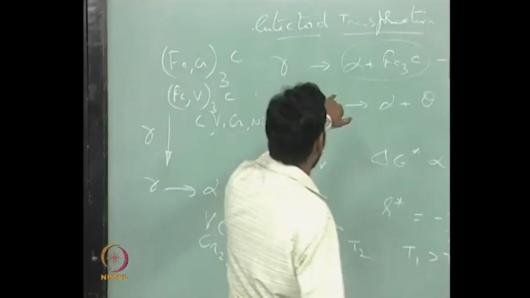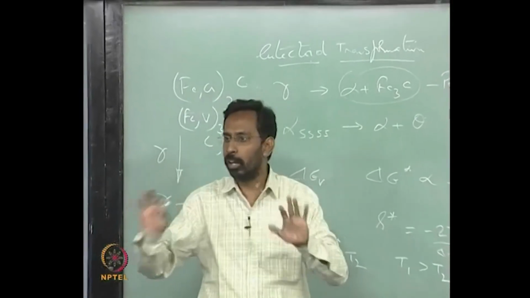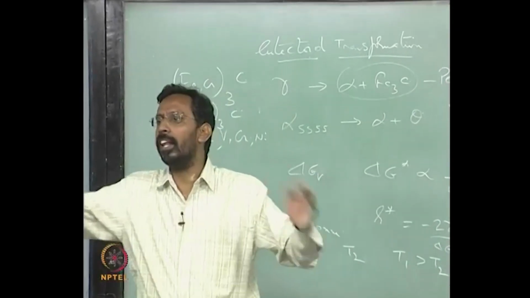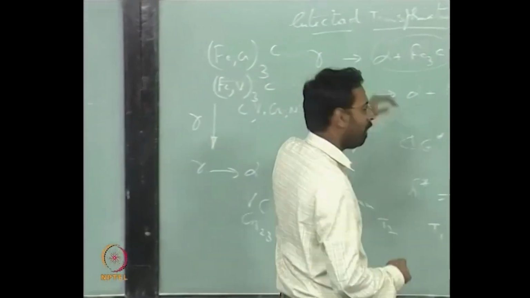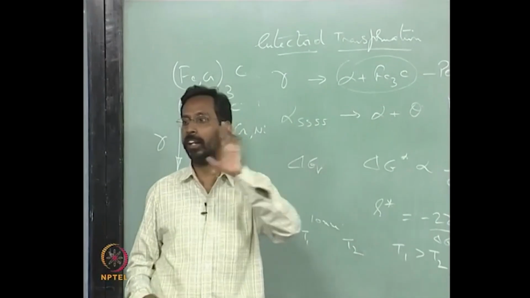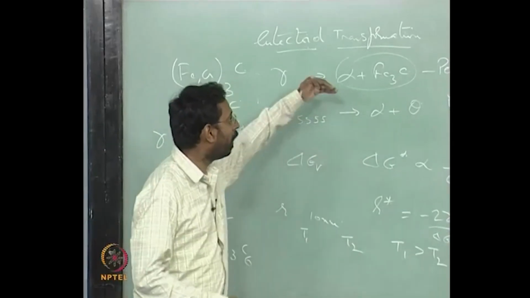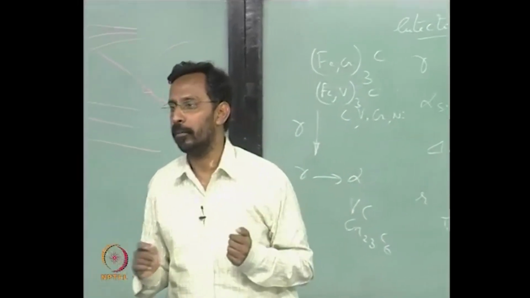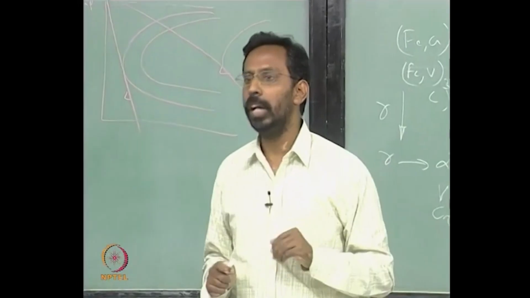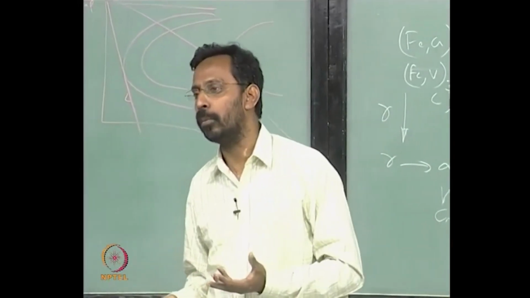I will answer Anisha that we are talking about an alloy which does not contain any other alloying elements. Even if it contains alloying elements, if they are in dissolved form, meaning in solid solution, there is no problem. It could be either substitutional or interstitial, depending on which element you are talking about.